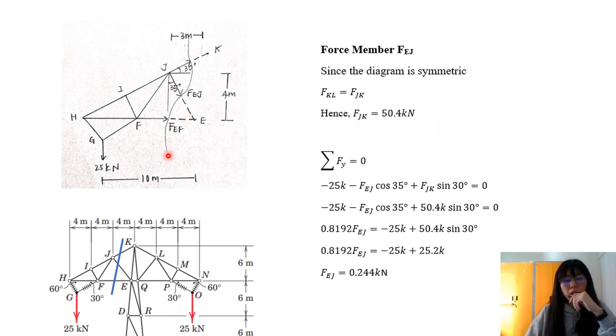Then, by referring to the free body diagram, FEJ is only on the x-axis. To eliminate it, we can use summation Fy equals 0 to find the value of FEJ. Then we get FEJ equals 0.244 kN.